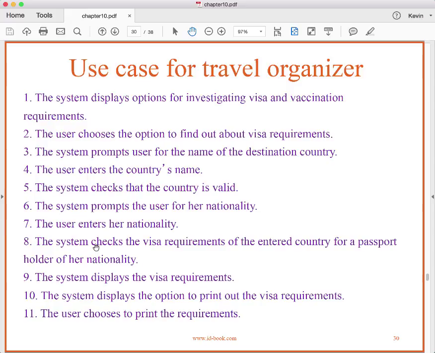So I would have begun this by saying the traveler signals the system that it wants to investigate visa and vaccination requirements. And then I would say the system displays options for blah, blah, blah. So typically it starts with an actor and then the system.